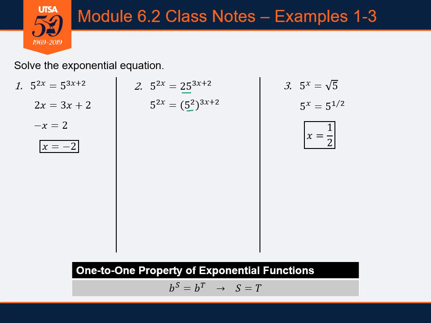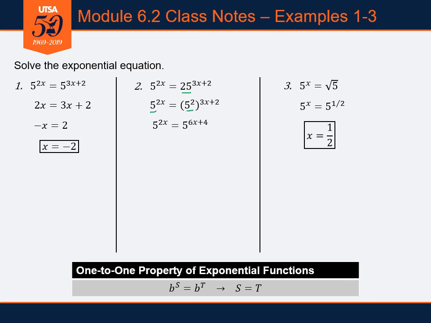And the power in doing that is, now look, you have the same base on both sides. Both sides are powers of 5 now. If we clean up the right-hand side of the equation a little bit, 5 squared to the 3x plus 2 power, you can multiply 2 times 3x plus 2, and you've got 5 to the 6x plus 4 power.